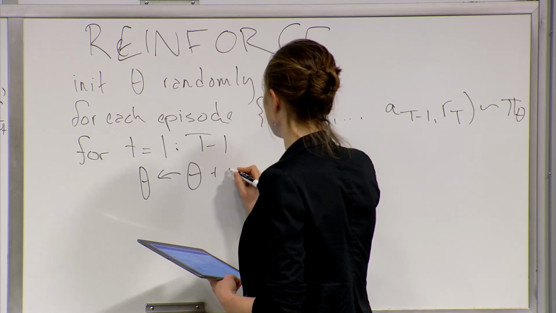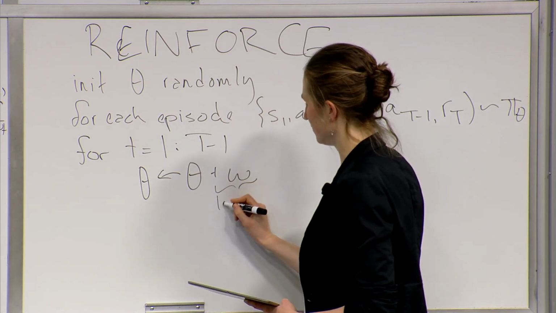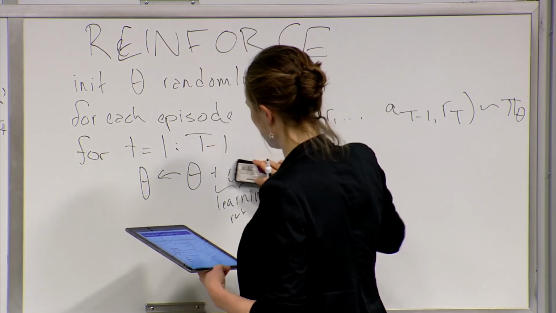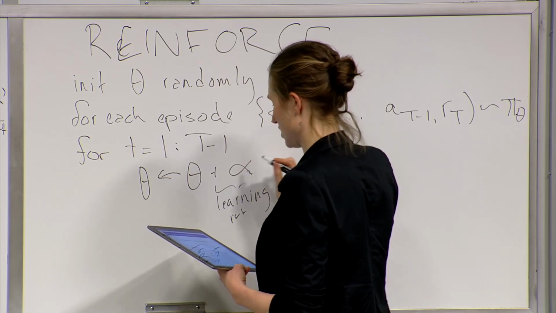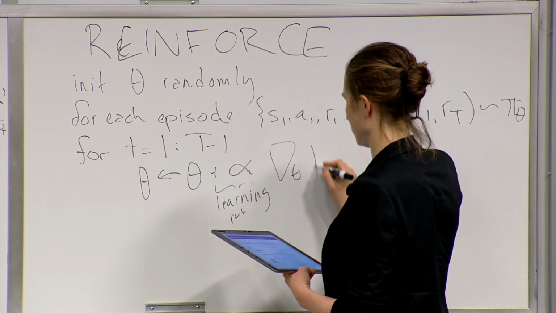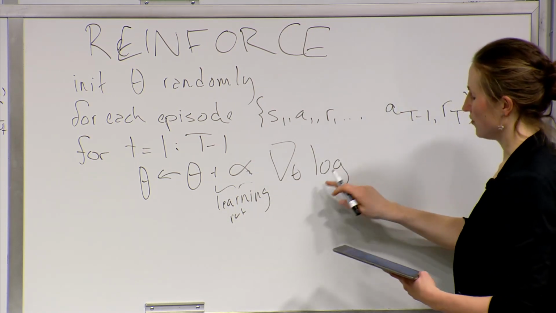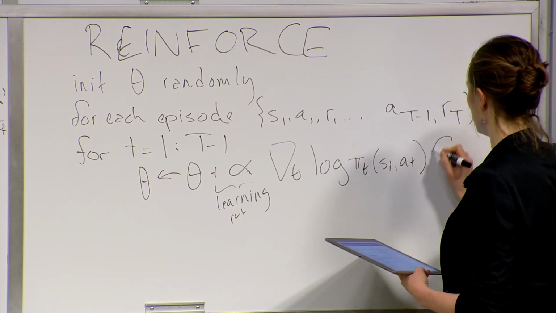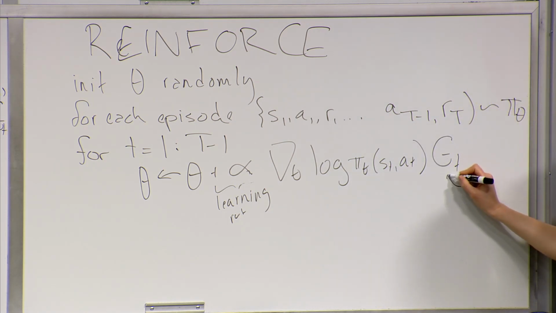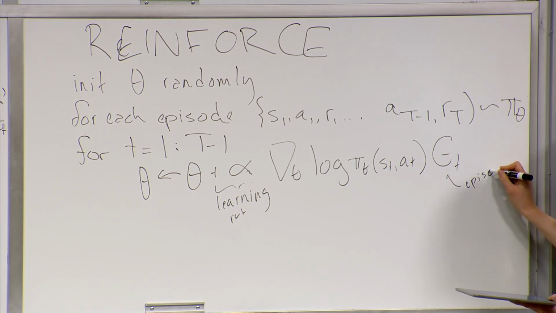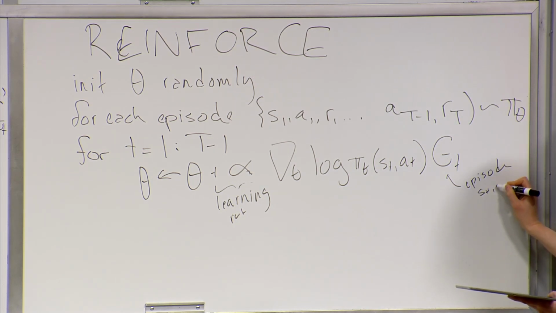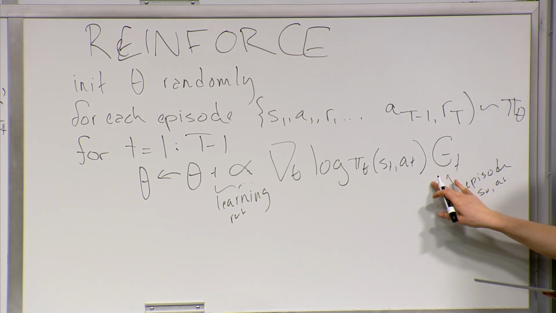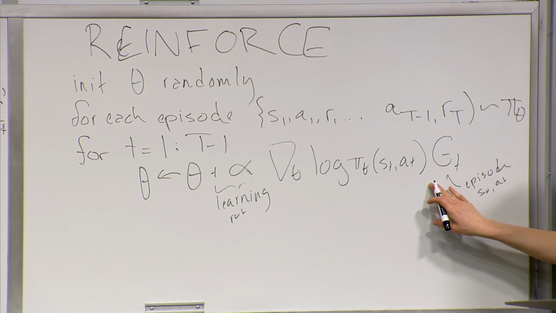It's going to be the same as before, times some learning rate, alpha, times the derivative with respect to theta of log pi theta of s_t, a_t, times G_t, where G_t is just, in this episode, the sum of rewards from s_t, a_t onwards. So that's just the normal return, like what we had with Monte Carlo methods.